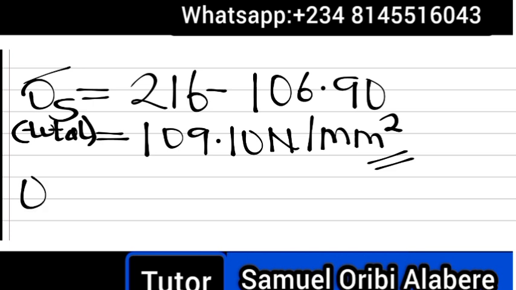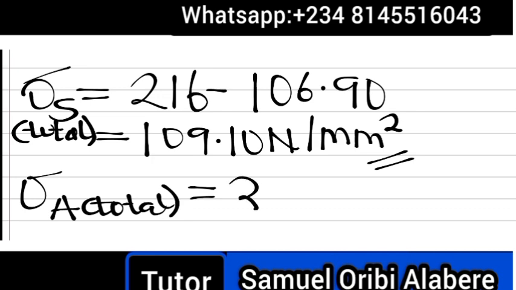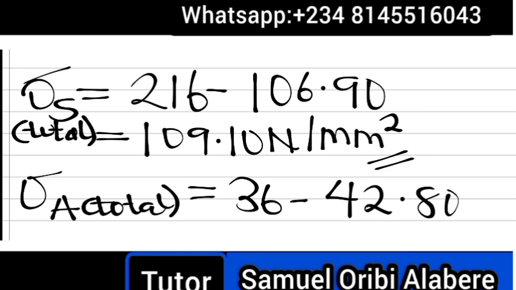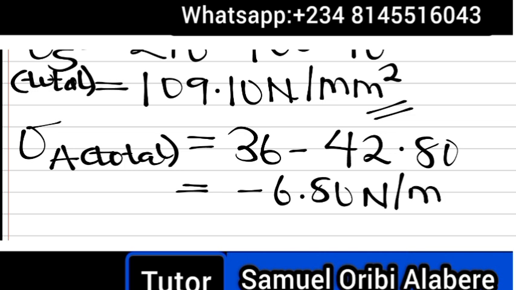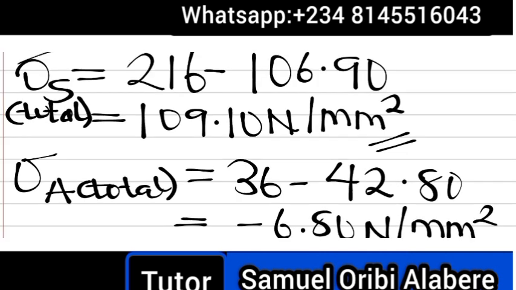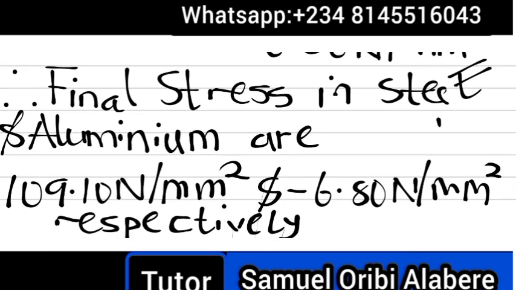Then our final stress for aluminium, let me write total here, would be equal to 36 minus 42.80, which is equal to negative 6.80 Newton per millimeter square. Therefore, the final stress in steel and aluminium are 109.10 Newton per millimeter square and negative 6.80 Newton per millimeter square respectively.